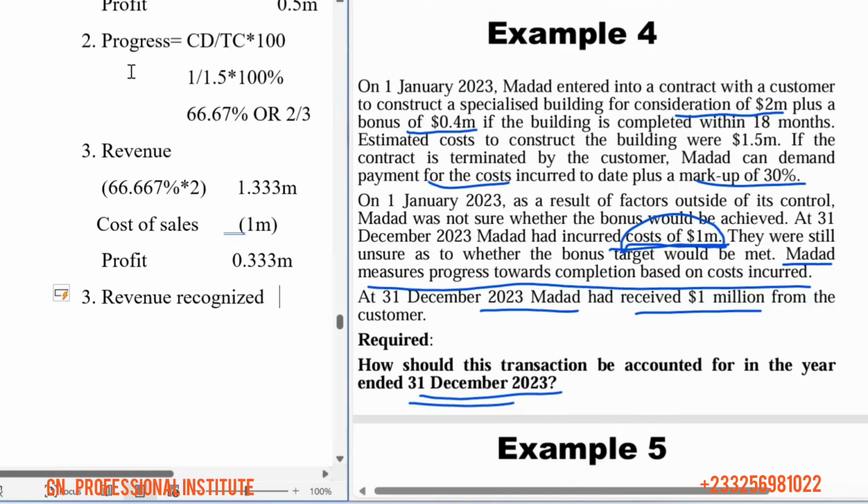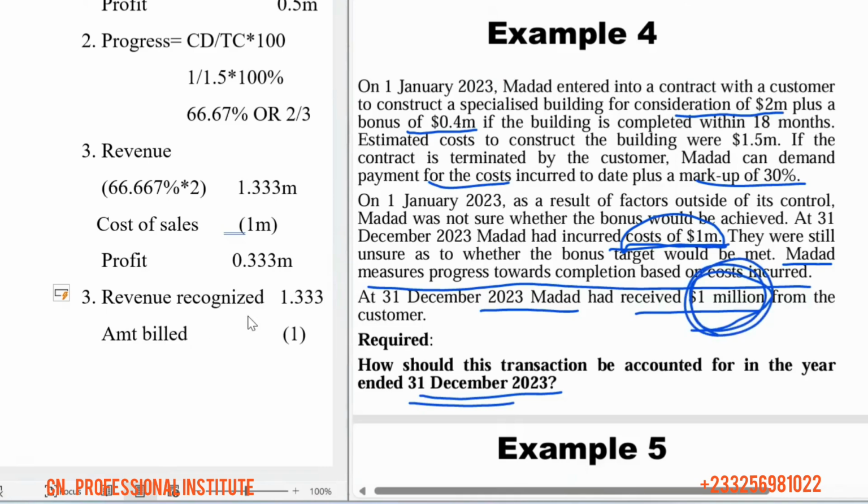So if you come to the P&L here, revenue recognized is 1.333. Then how much have we billed or received from the customer? So amount billed, which we said here is the same as the cash received from the customer. We bill the customer 1 million, this figure here, that we have received from the customer.